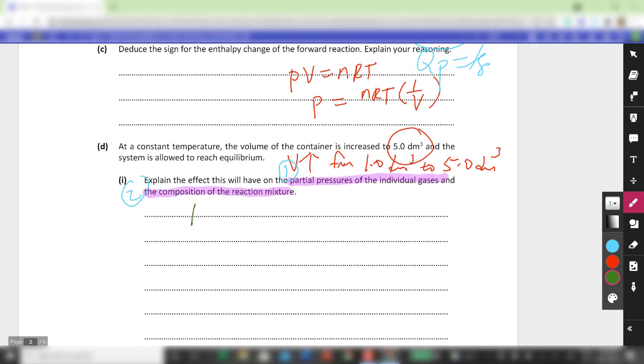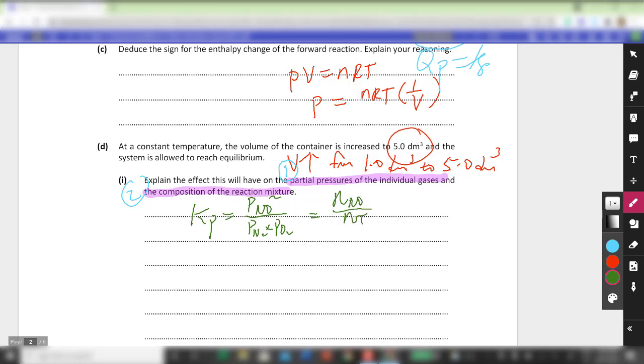We know that Kp equals the partial pressure of NO squared over the partial pressure of N2 multiplied by the partial pressure of O2. From here, we can actually take out the number of moles. I'll just work it out for you. We have the number of moles of NO divided by the total number of moles, multiplied by the total pressure.